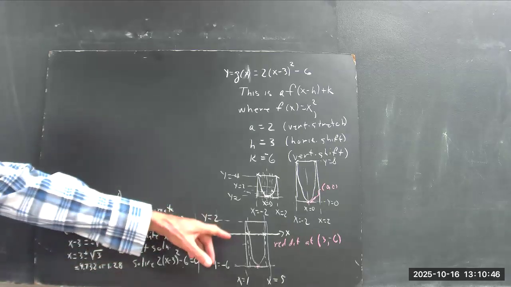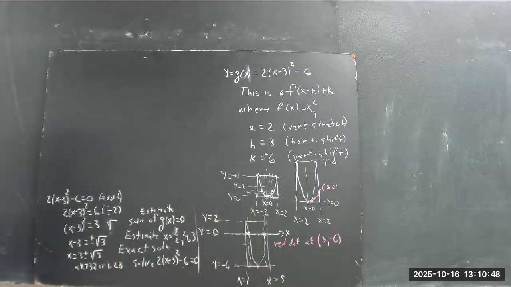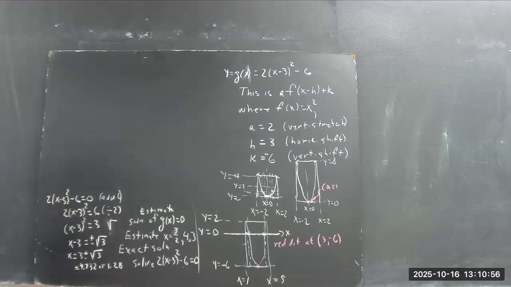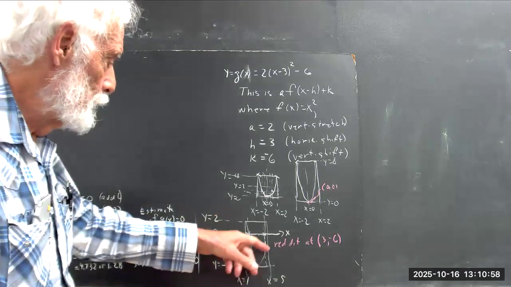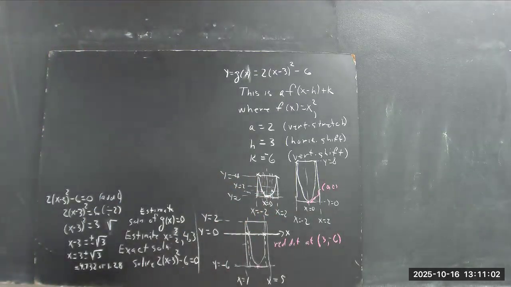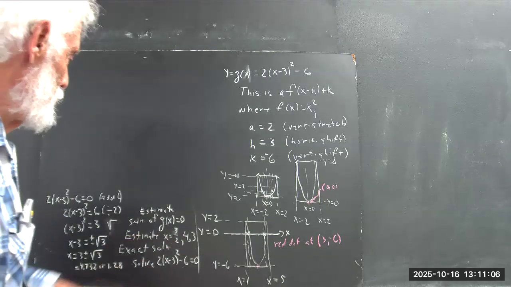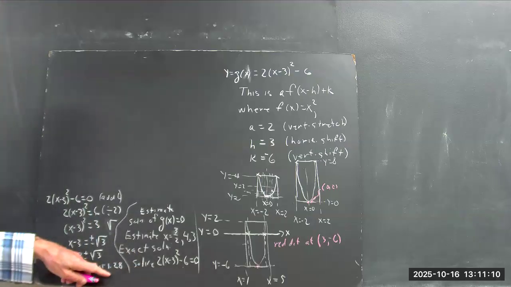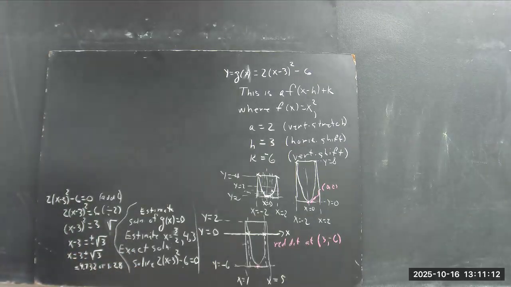Point is, from that graph, I can't expect to get a really good estimate. The shape of the thing isn't really a good parabola. I didn't do the construction. I didn't make it big enough. I got kind of a bad looking parabola, a little too squeezed in at the top. But I got estimates that are at least reminiscent of the solutions. Okay, so you got to be able to do that.